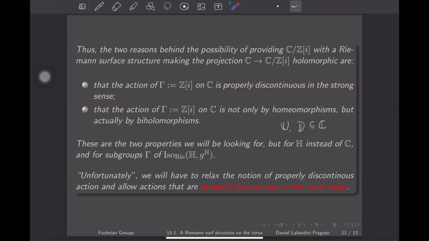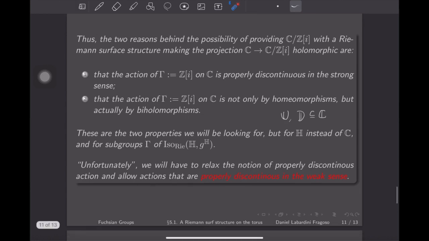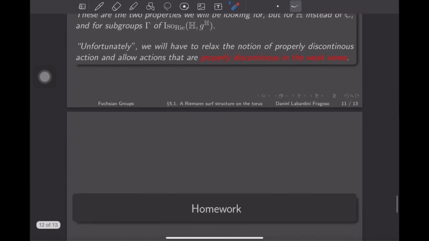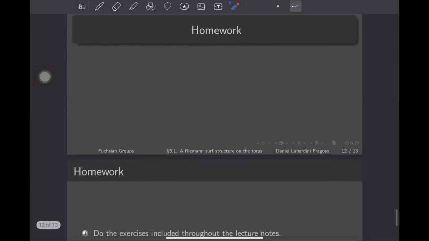That's what we're going to be looking for, and we're going to see that somehow the theory is not perfect, and we are going to have to weaken this notion and allow properly discontinuous actions in the weak sense, and that is how Fuchsian groups are going to arise.